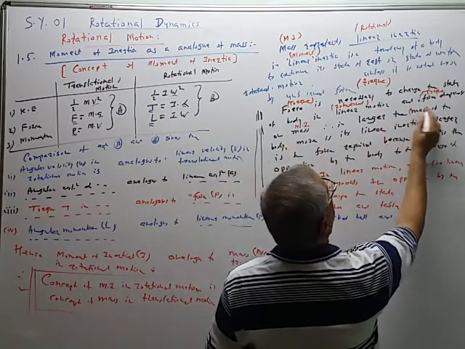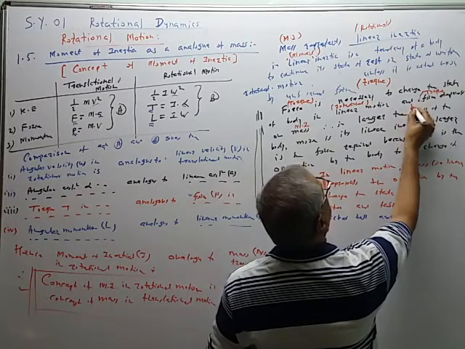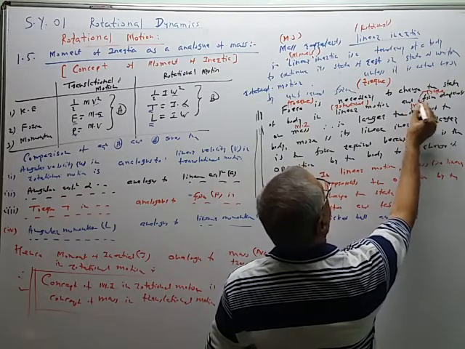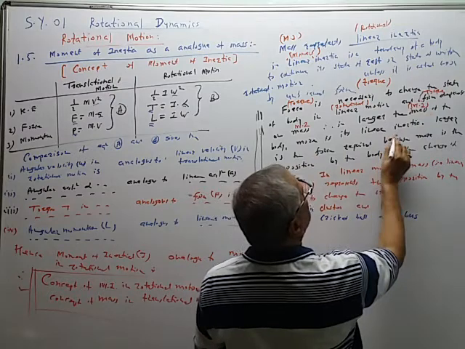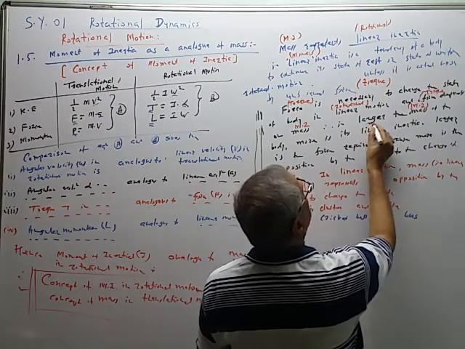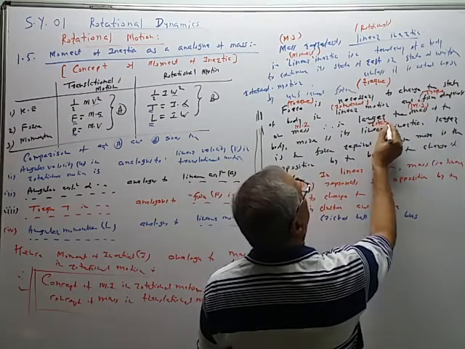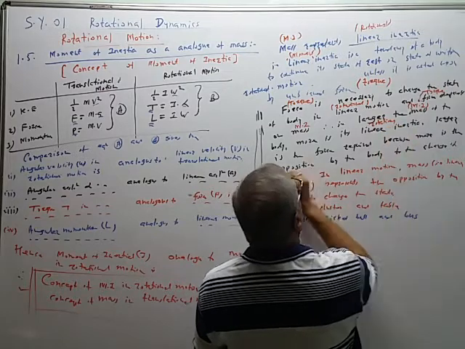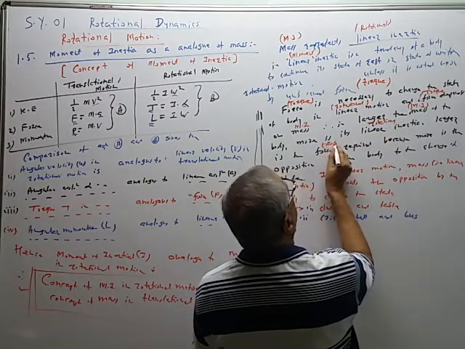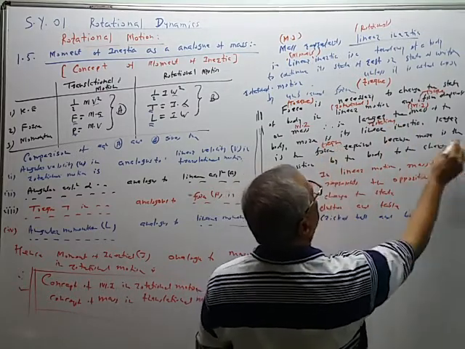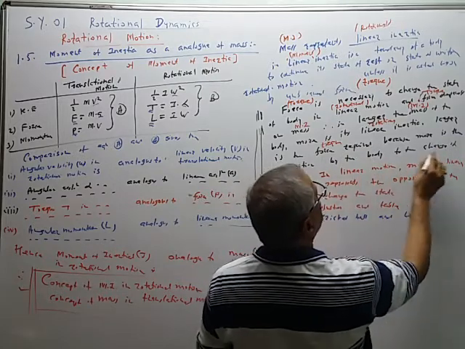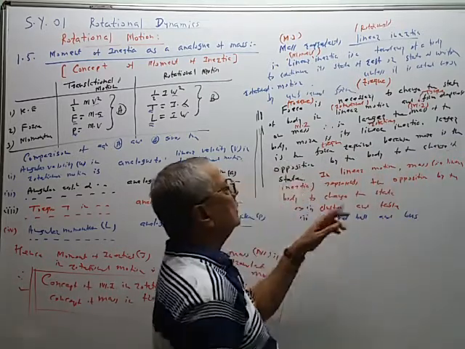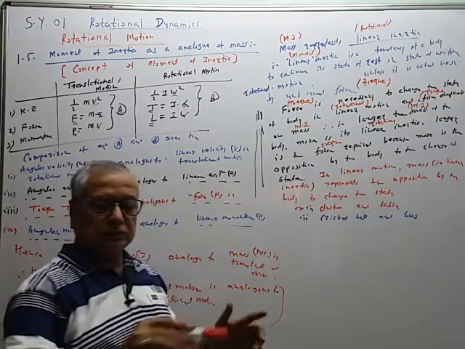Larger the MI of the body, more is the rotational inertia. Larger is the torque required because more is the opposition by the body to the change of state in rotational motion.